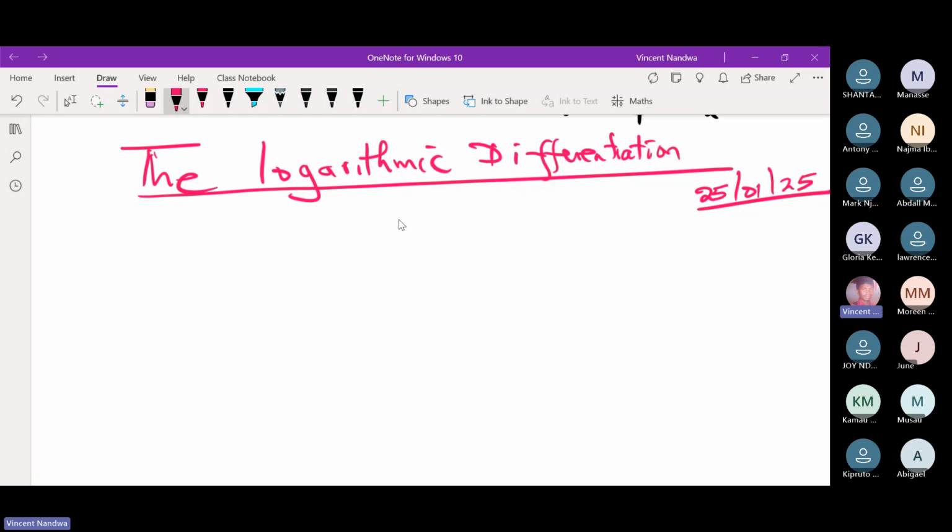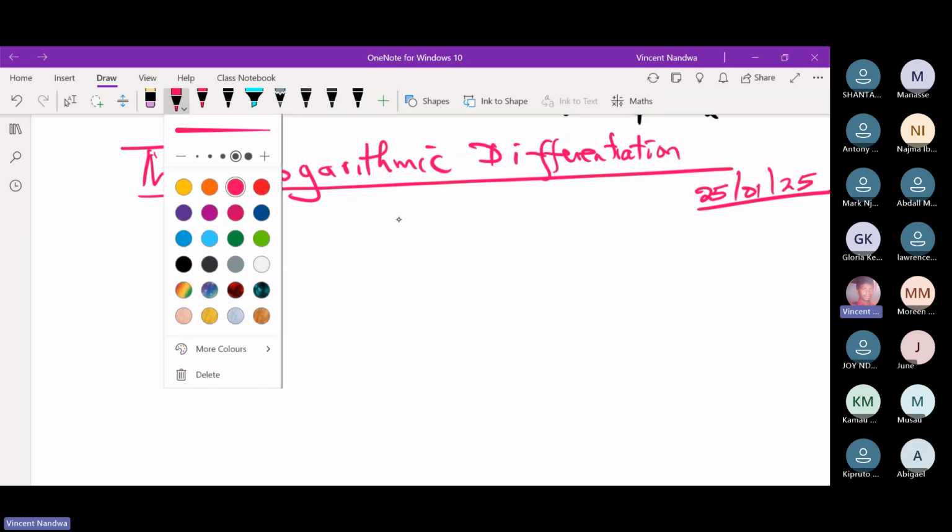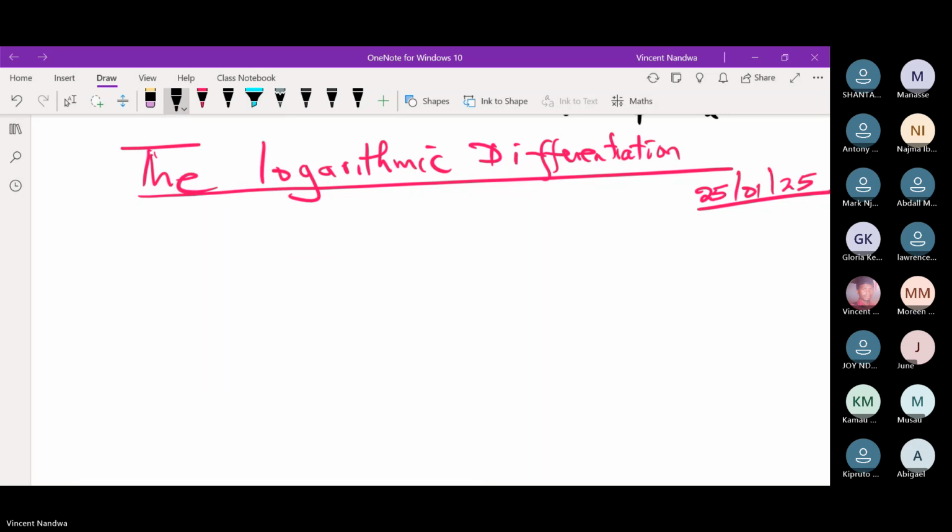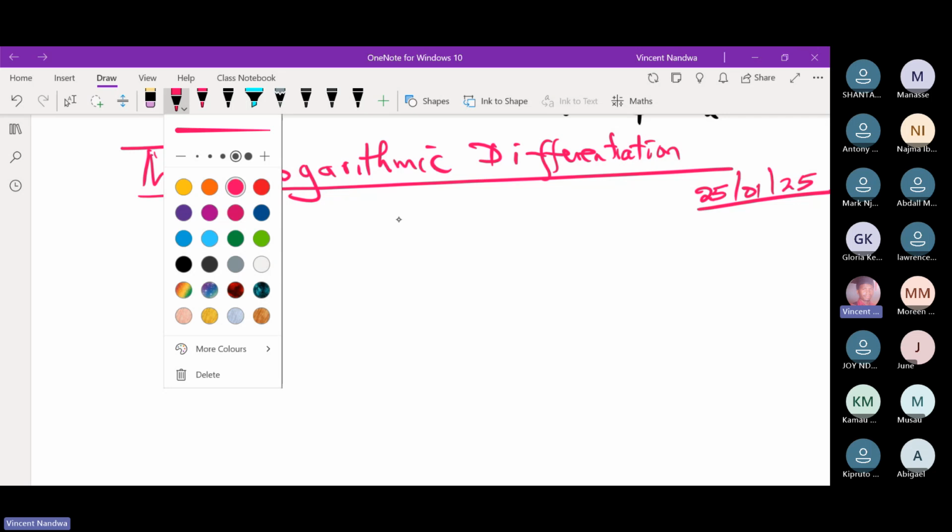Logarithmic differentiation is also another method of finding derivatives by first taking the natural logarithm of the function. But before we demonstrate how to carry out logarithmic differentiation, let's start with an activity.